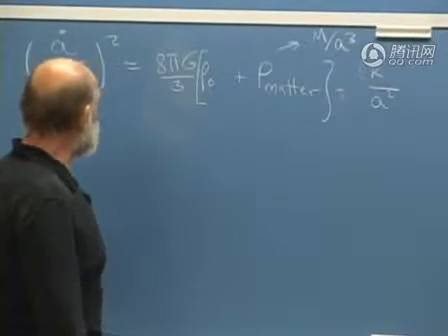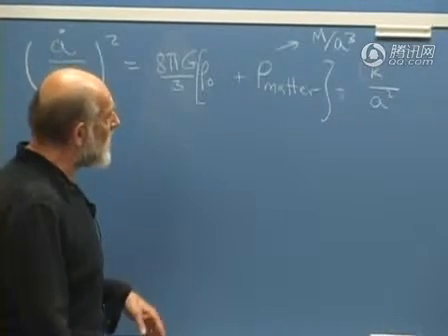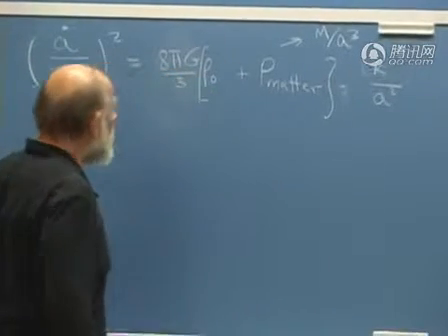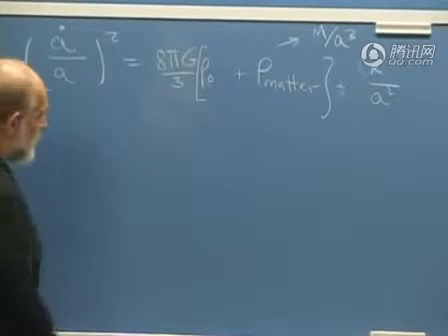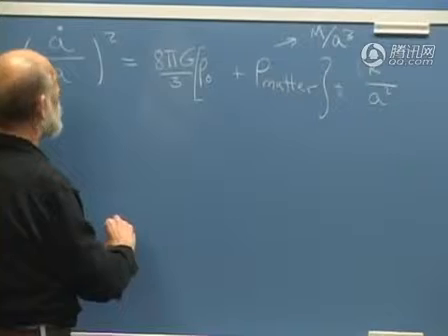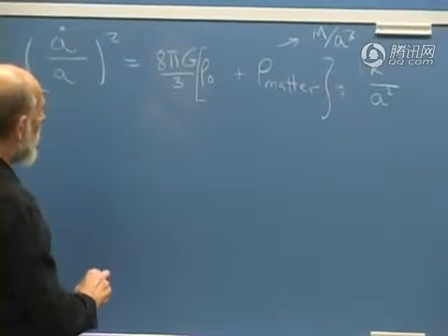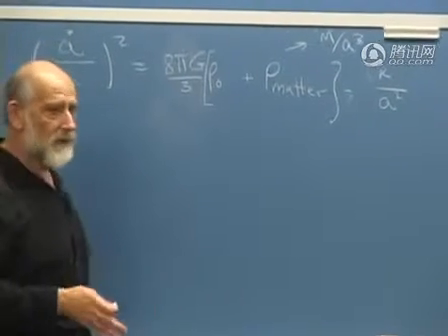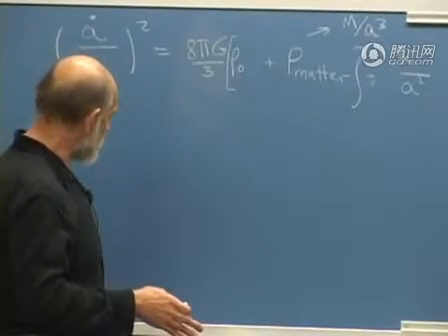Let's mostly concentrate, for the moment, on the flat universe. Then omega is the fraction of energy carried by the different components.